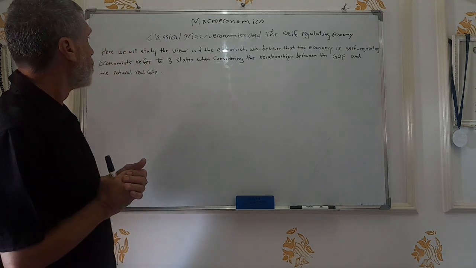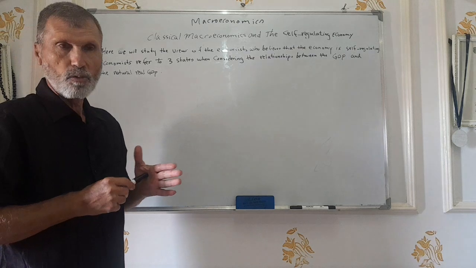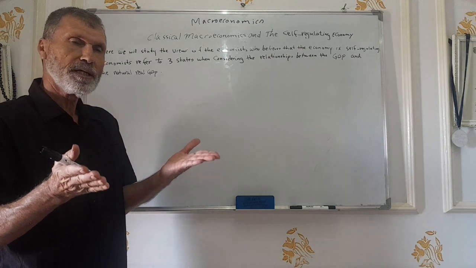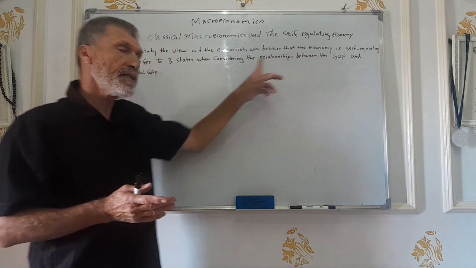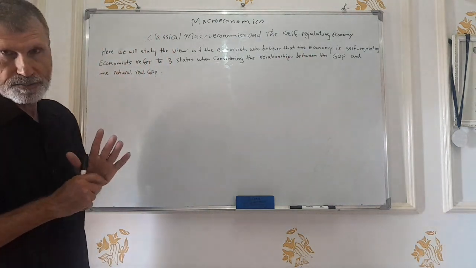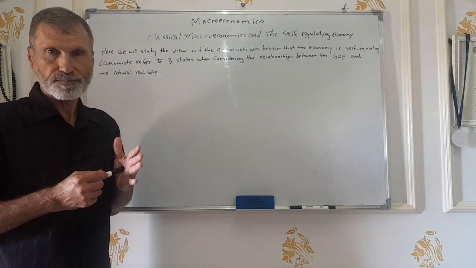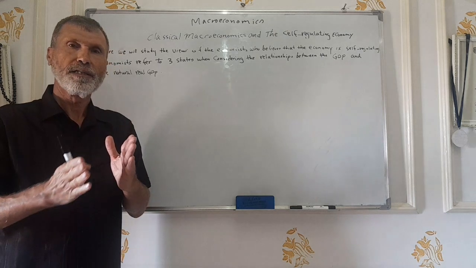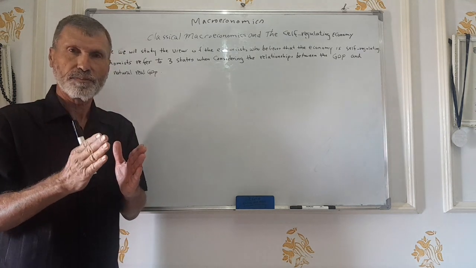So now we're going to talk about three states in the economy when looking at the relationship between the GDP that the economy is producing and the natural GDP. What are those states? Remember that when aggregate demand intersects the short-run aggregate supply, we get short-run equilibrium.